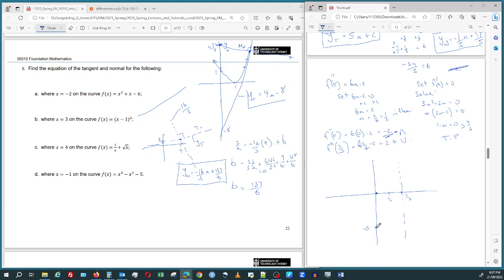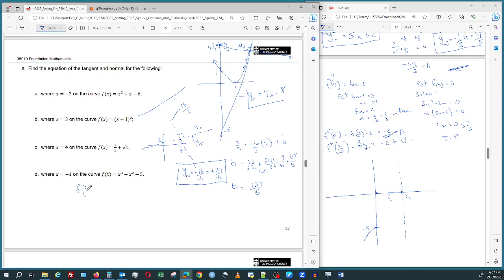So that minus 5 is this. I think it's coming like this. Now the 2/3, what's the 2/3? I'd like to know the y value.